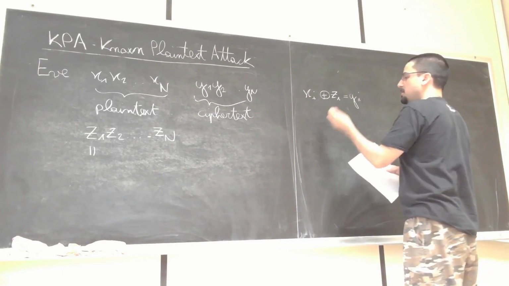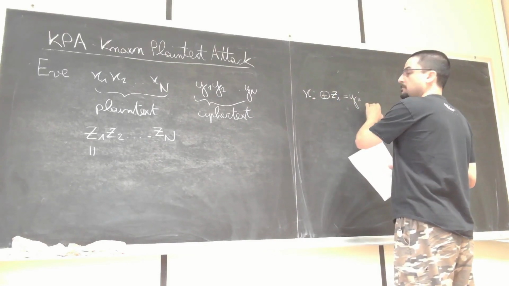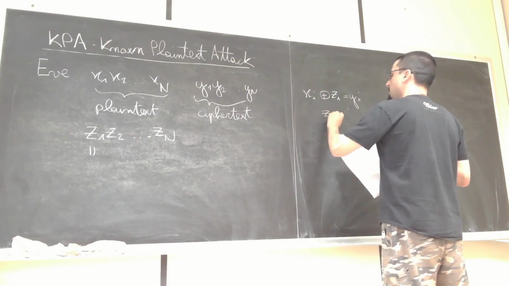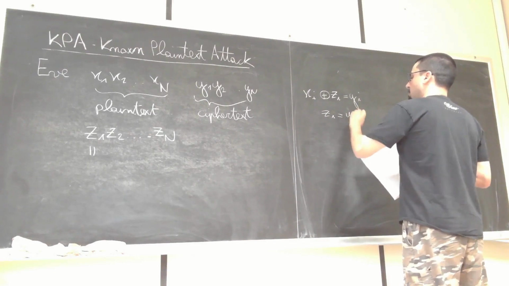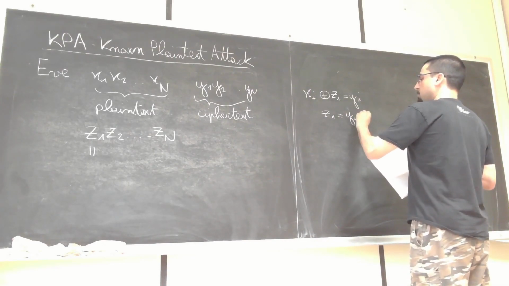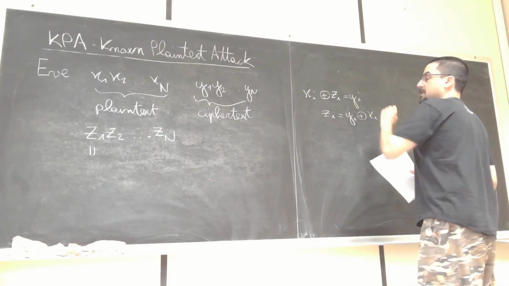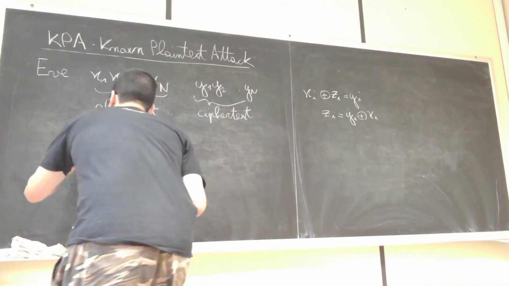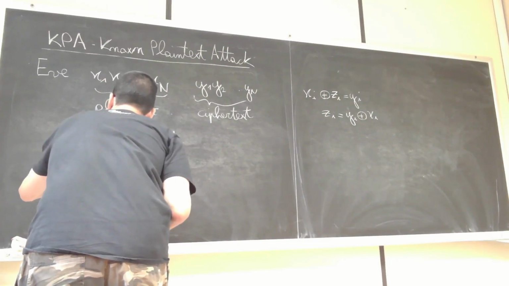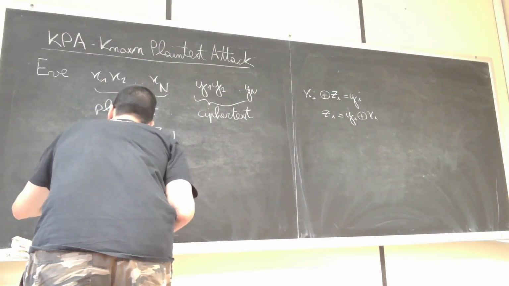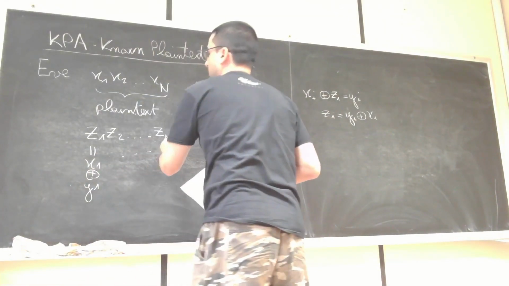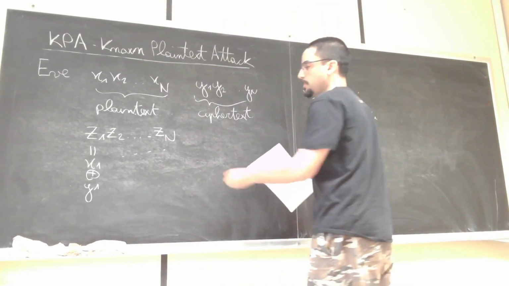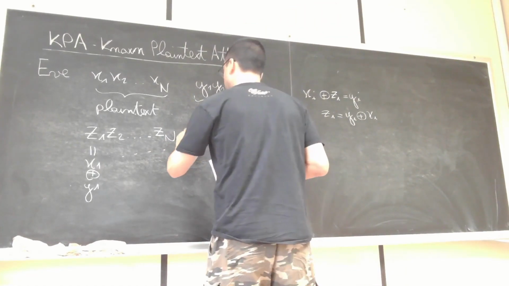So we just move this, and we get zi equal to yi XOR xi. So we have here z1, which will be x1 XOR y1, etc. Okay, so she can reconstruct this part of the key stream.